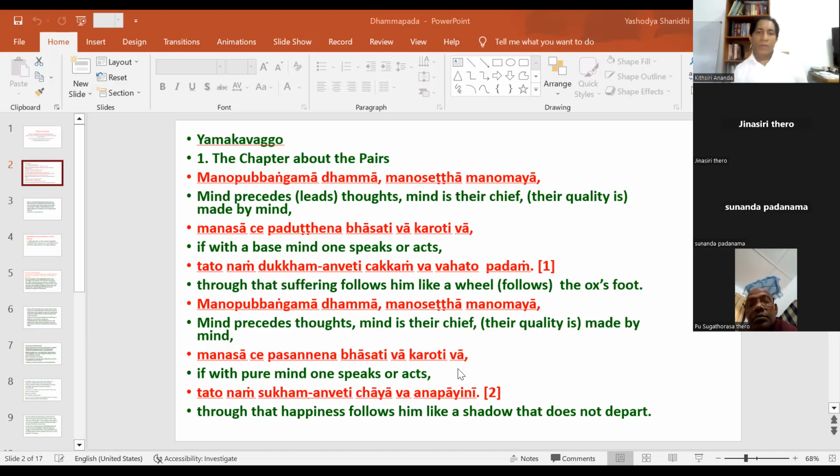Mind precedes thoughts. Mind is their chief. Their quality is made by mind. Manasa pasannena bhasati va karoti va. If one speaks or acts with a pure mind, with a wholesome mind, with a good mind, good intention, tato nam sukham anveti chayava anapayini.